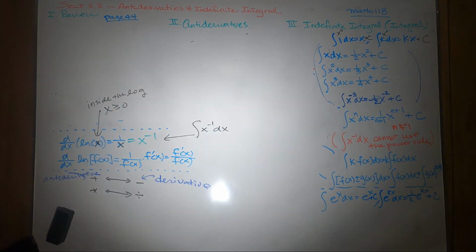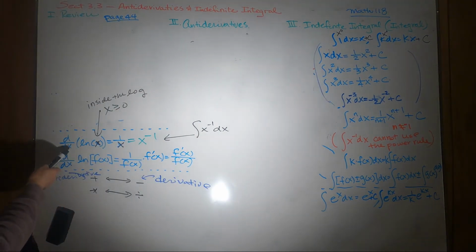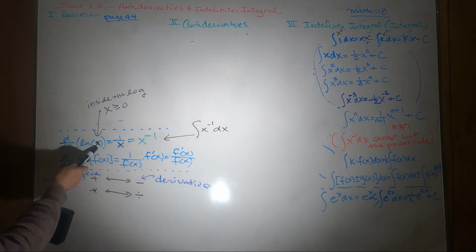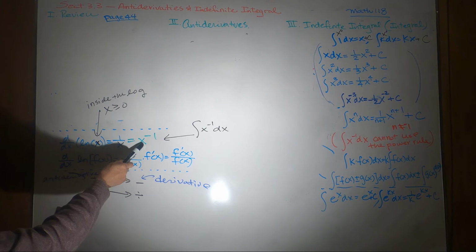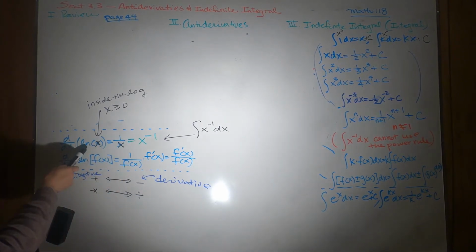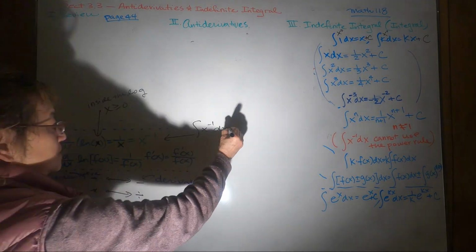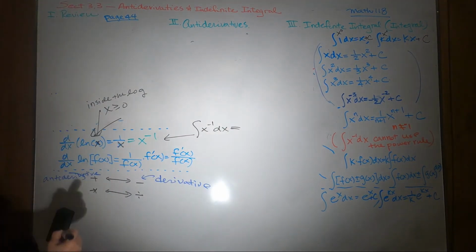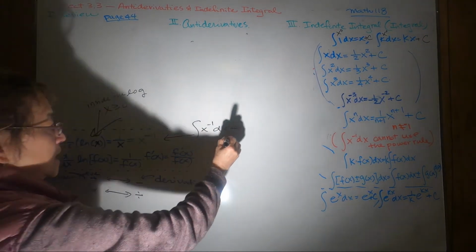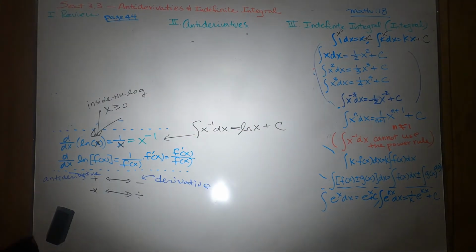You cannot divide by 0. So we cannot use the power rule. But take a look: if you take the derivative of the natural log, it's actually x to the negative 1. If I do the antiderivative, I should go back to where I started, the natural log. So I should have natural log x plus c, right?